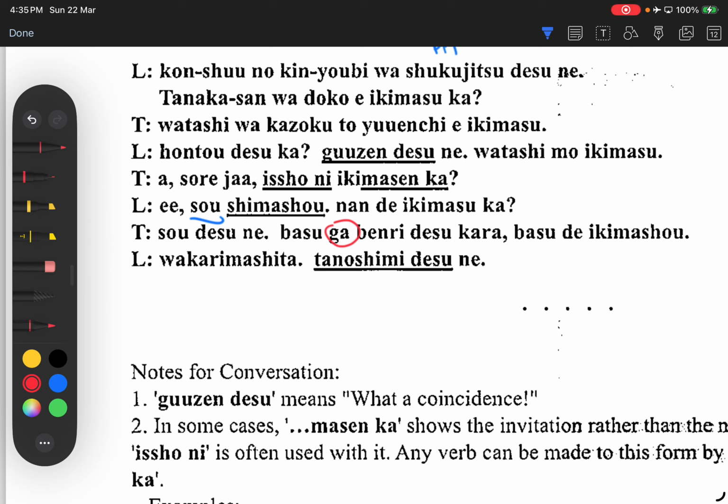Okay, L replies, わかりました. I understood. 楽しみですね. わかりました means I understood. It comes from the word わかります, which means to understand. 楽しみ comes from 楽しい, which means fun, enjoyable.